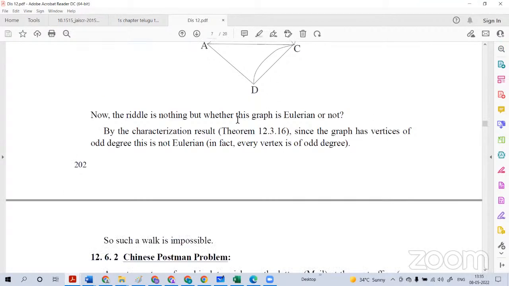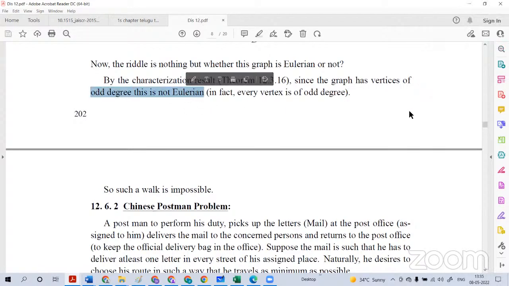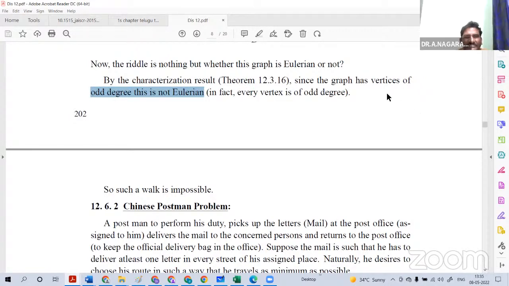Like that, how the walk will happen is the total discussion they had. Whenever it is not a Euler graph, when the degree is 3, at that time it is not possible to walk.